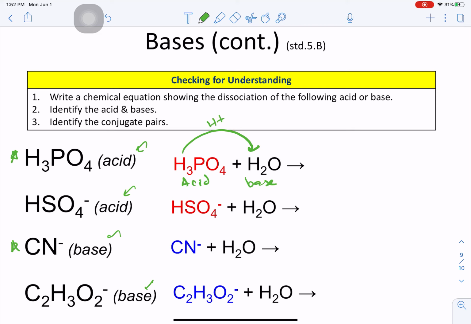Well, if it donates H plus to the water, it becomes H3O plus. And then plus, well, it lost an H plus, it becomes H2PO4. It's going to be minus, because it lost not only an H, but it lost that positive charge. So it becomes negative.